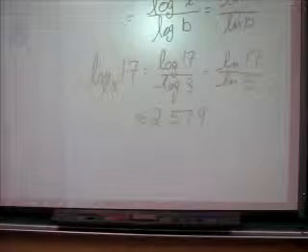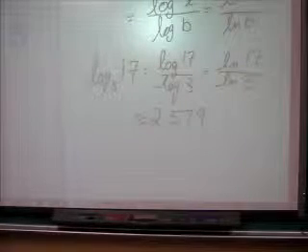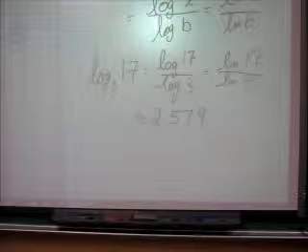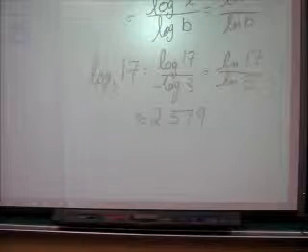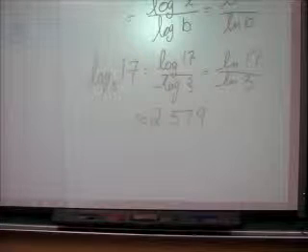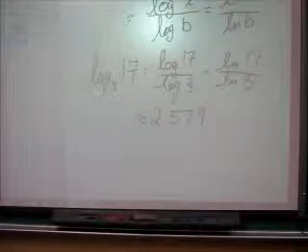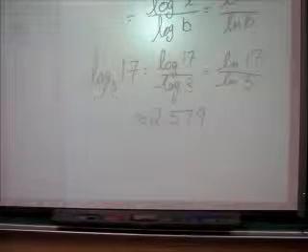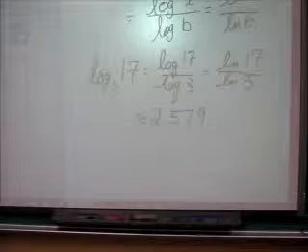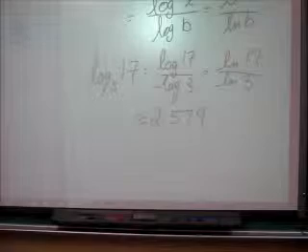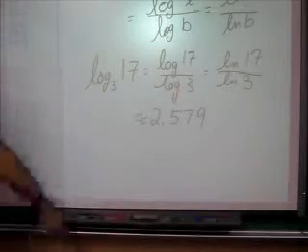Questions? Yes. So it's asking what to the power of 3 equals 17. Why can't you do like the square root of 3 with 17 inside the radical? Well, the square root of 17 is about 4.1, which is a little bit more than 2.57. No, like when you have the 3 on the outside, and it's like the third root.